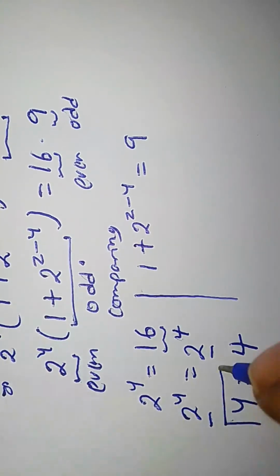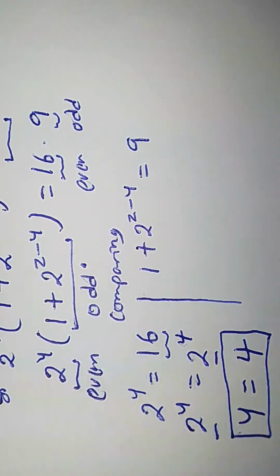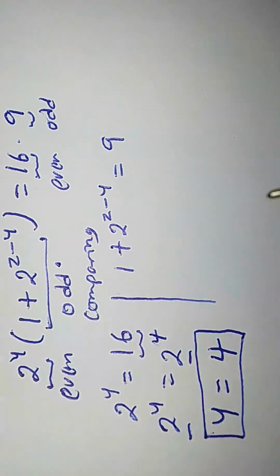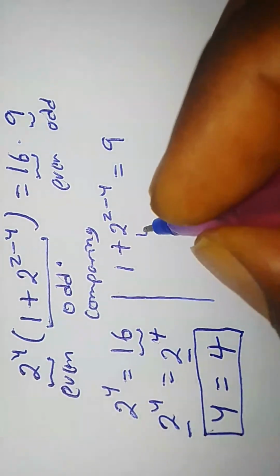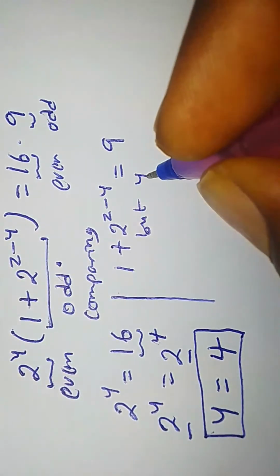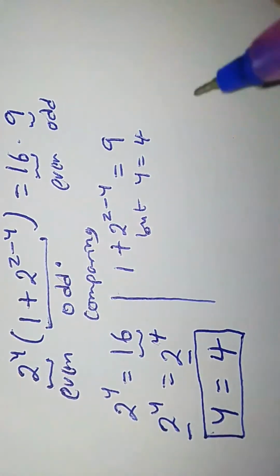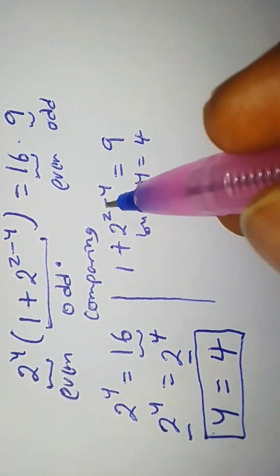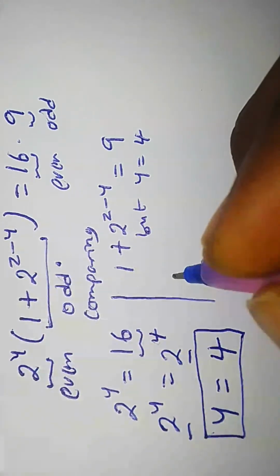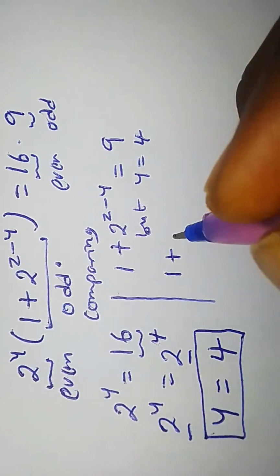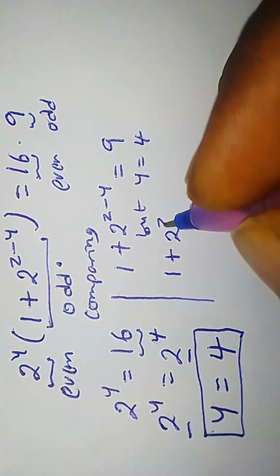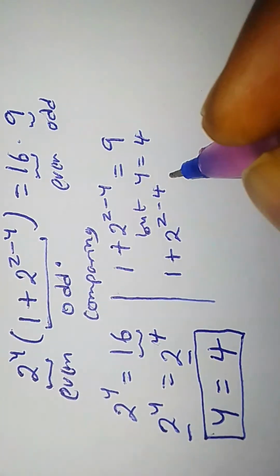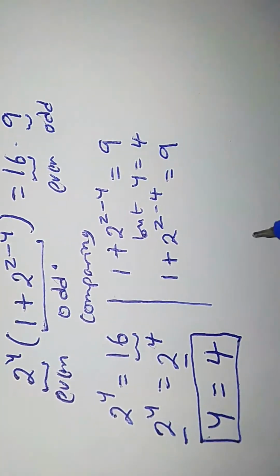This is the value of y. Now, back to this. But y is equal to 4, so let us plug in the value of y into this expression. So that will be 1 plus 2 to the power of z minus 4 equal to 9.